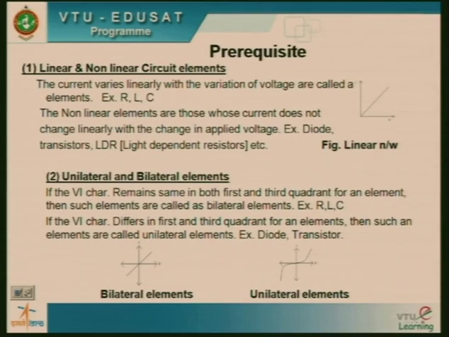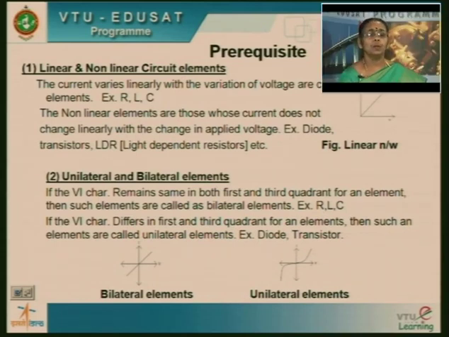Then coming to the second important characteristic which we need to know, what are unilateral and bilateral elements. If the VI characteristics remain the same in both first and third quadrant for an element, then such elements are called bilateral elements. Once again, the examples for bilateral elements are resistor, inductor and capacitor.